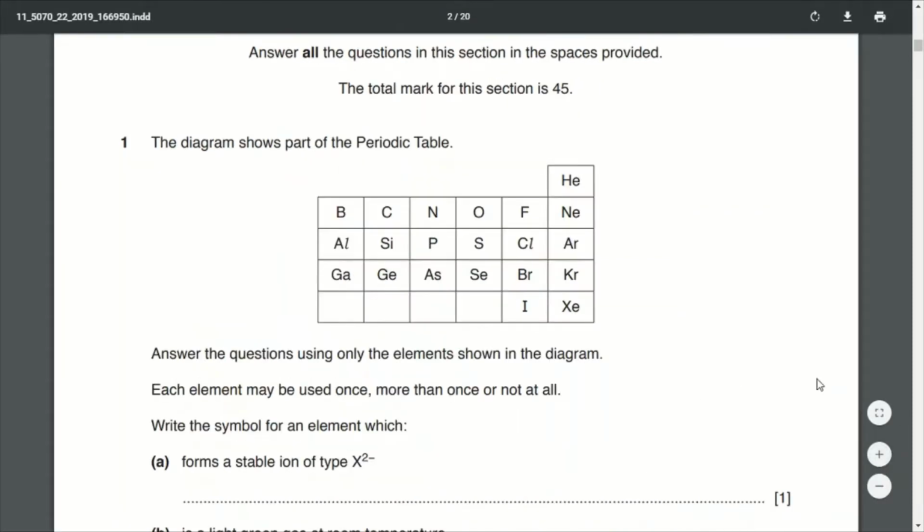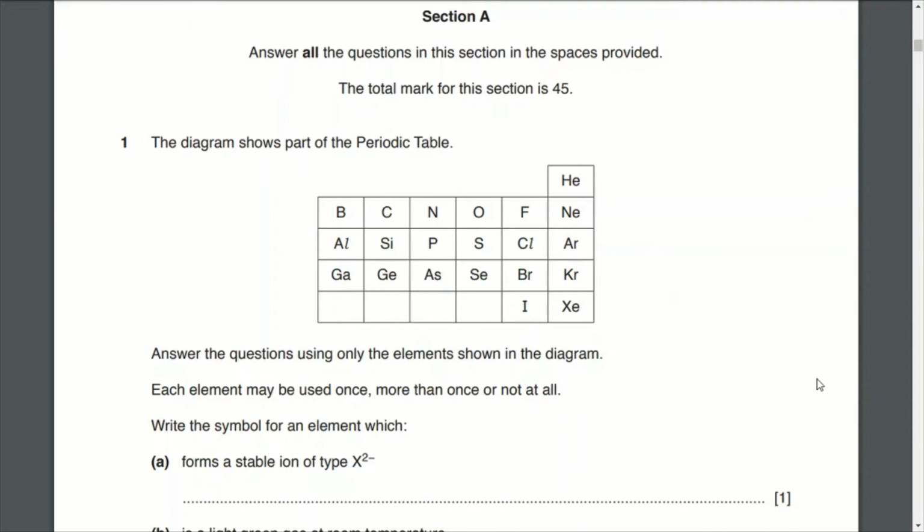Alright, so part A says forms a stable ion of type X2-. X2- means that it has a charge of 2-. That means it requires 2 more electrons to complete its octet, or its outermost shell. And over here, we have to look from group 6, that is this one; this is group 8, 7, 6, and it would be either oxygen or sulfur or selenium.